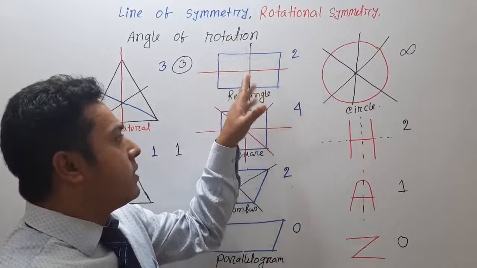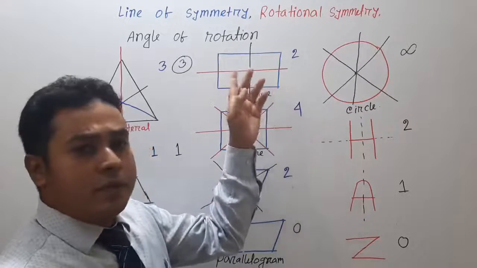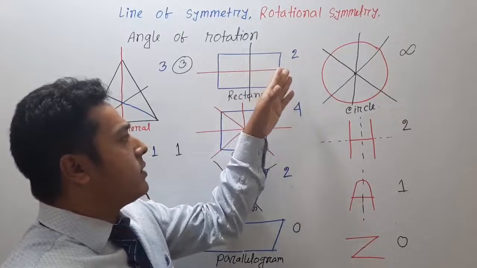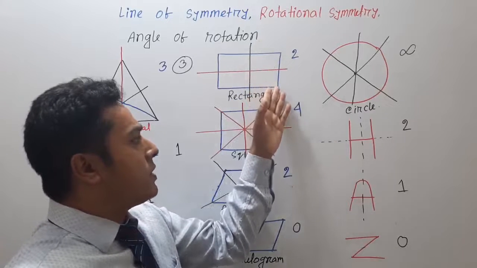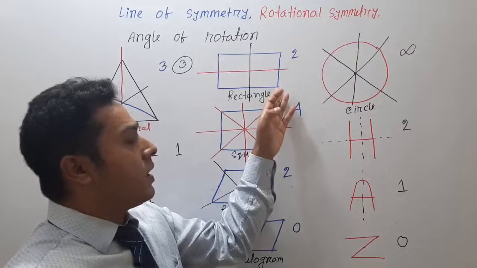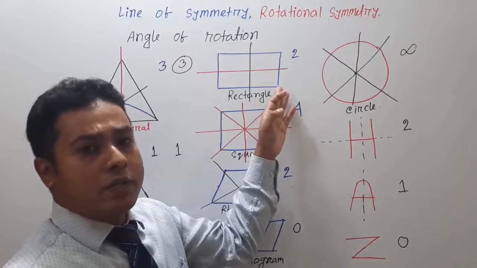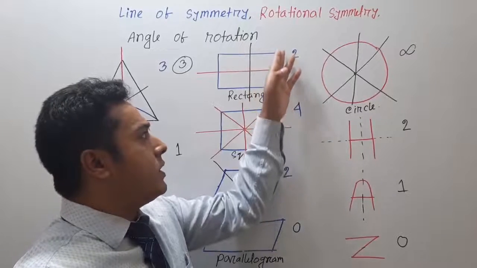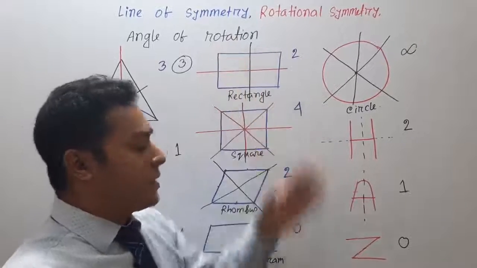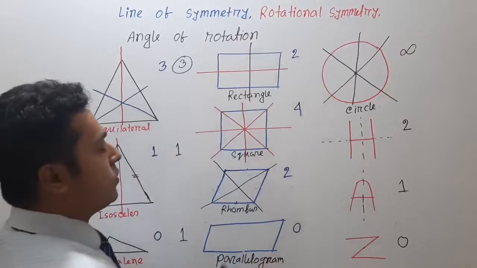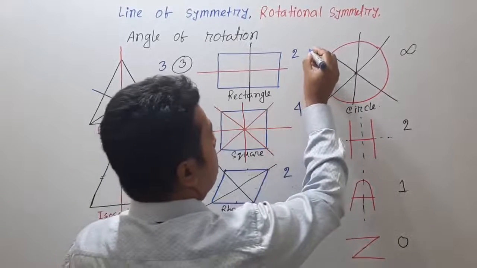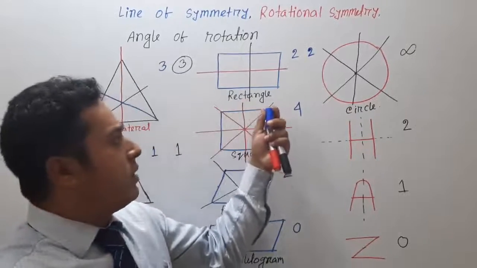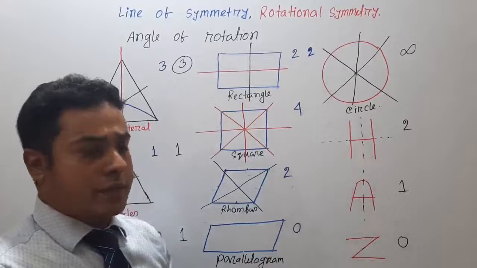That means it will not be changed after 2 times. For 1 time it changes to this, and this changes to this, so it has rotational symmetry. Okay, original is 1 rotation, then 2 times.